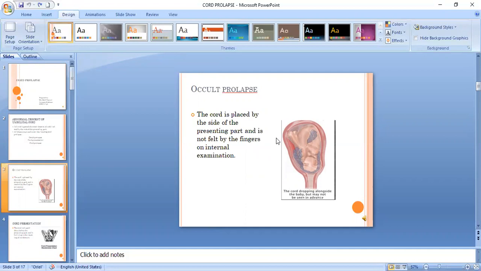Whichever the presentation is, whether breech presentation, vertex presentation, or face presentation, irrespective of the presentation, when the umbilical cord is situated by the side of the presenting part, that is known as occult prolapse.